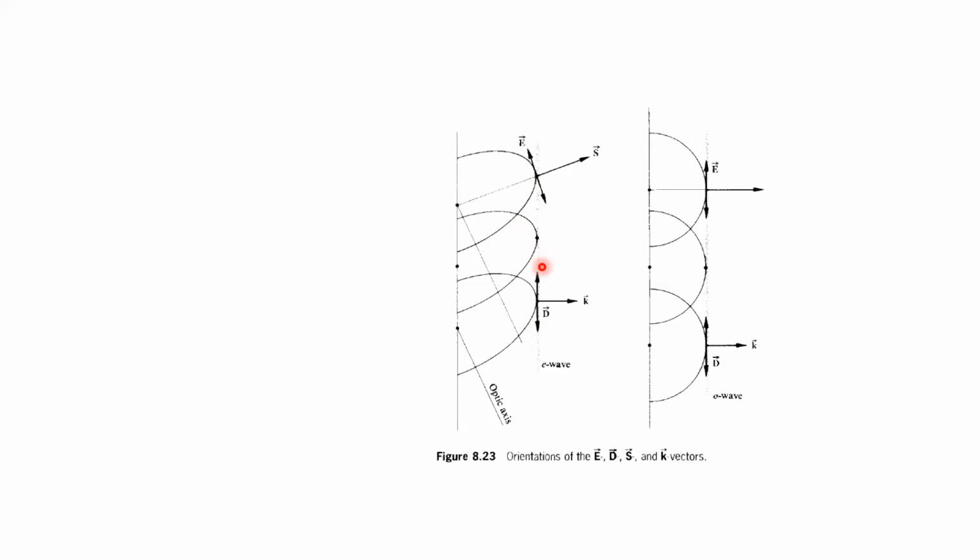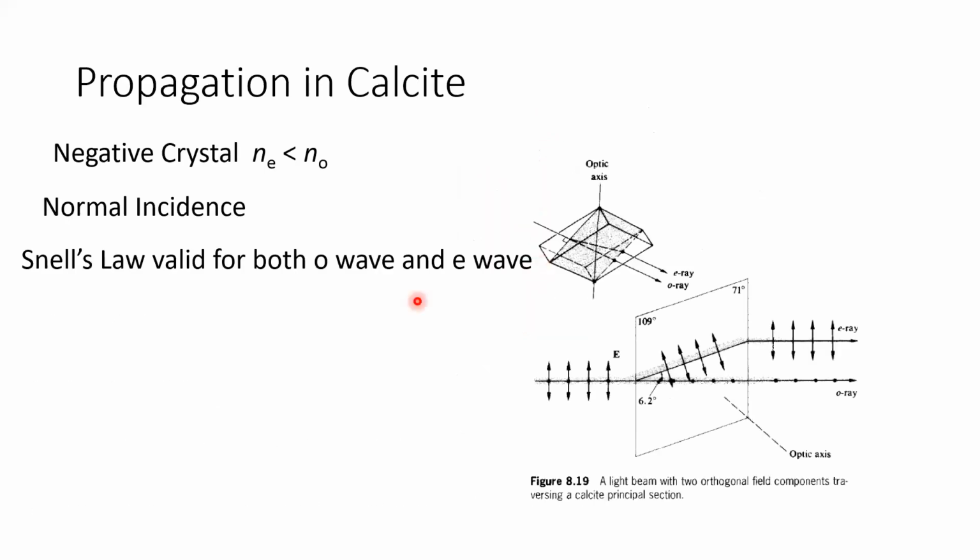Okay, so going back to the diagram. So what we had is Snell's law is valid for both O and E wave. In fact, the O wave and E wave wavefronts are traveling along the incident direction. They just go through like this. But look at the optic axis. This is the optic axis.